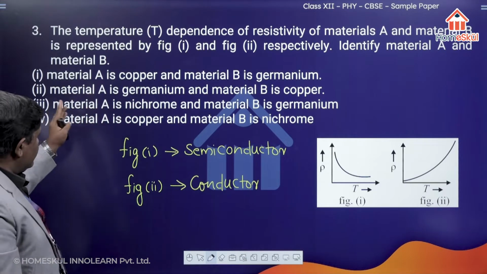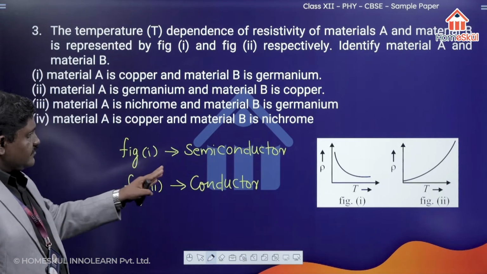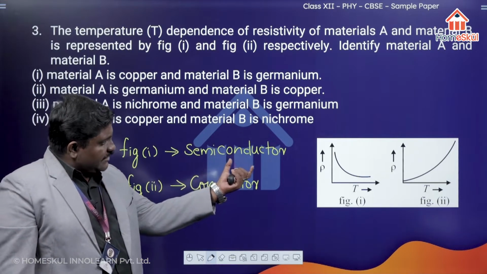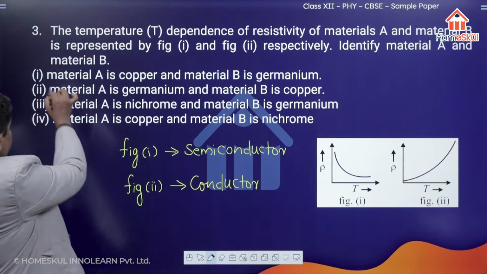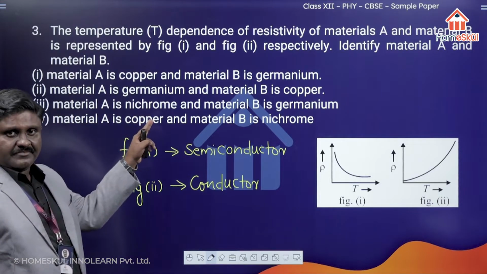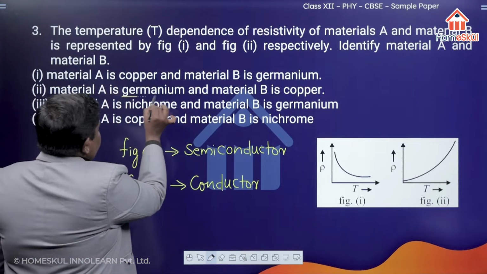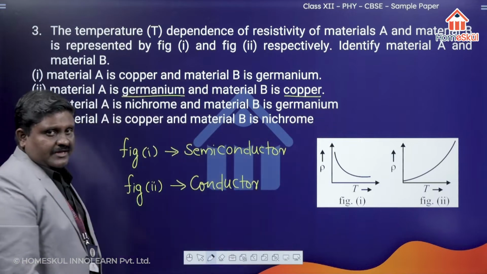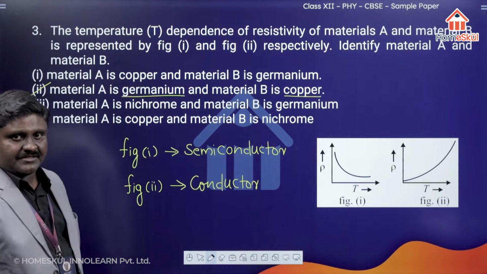We have to neglect the first option because material A is not a conductor; from the graph itself, we concluded that it is a semiconductor. Then second option, material A is germanium. Germanium is a semiconductor, and material B is copper. Copper is a conductor. So we have to take option 2 as the correct answer.